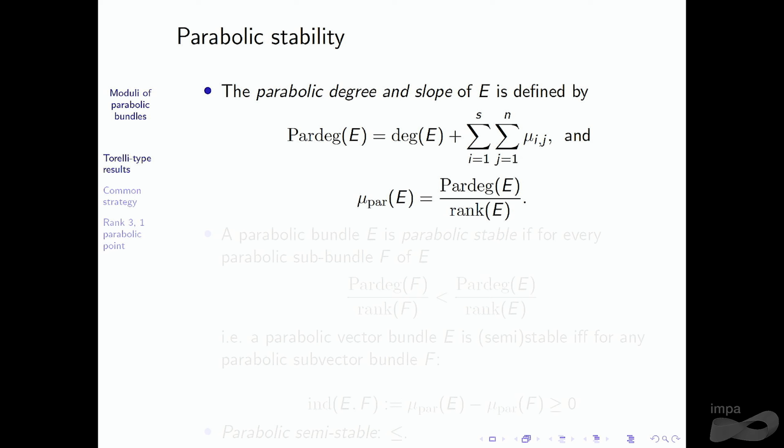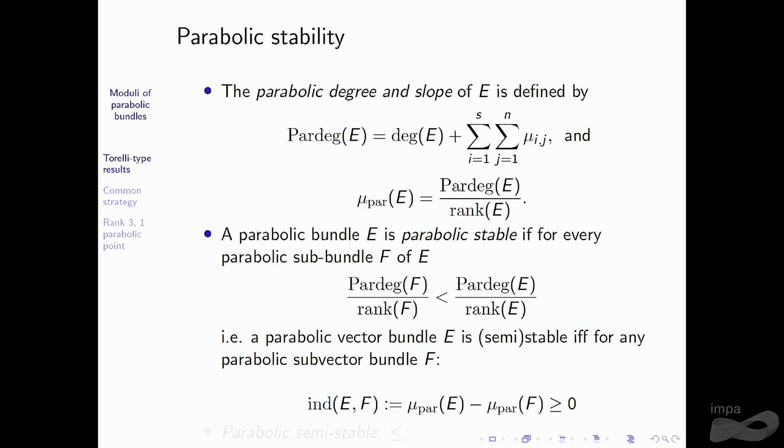Okay, so why do we go through all this weight business? Essentially to be able to define some sort of stability condition. If you're used to moduli spaces of usual vector bundles, you know that you have stability condition coming from this degree over rank, the slope stability.